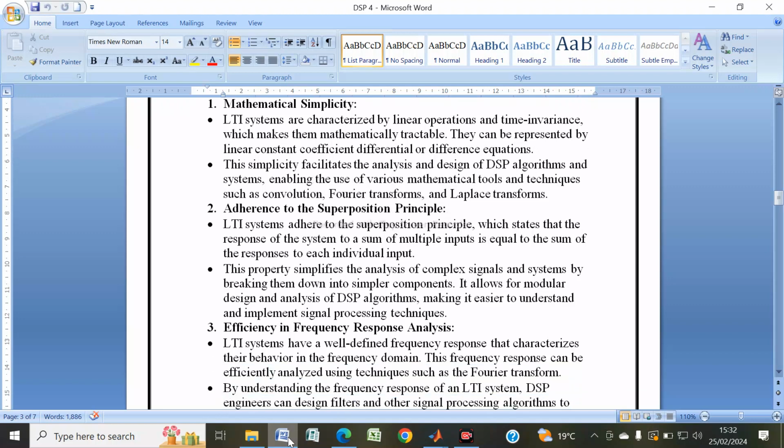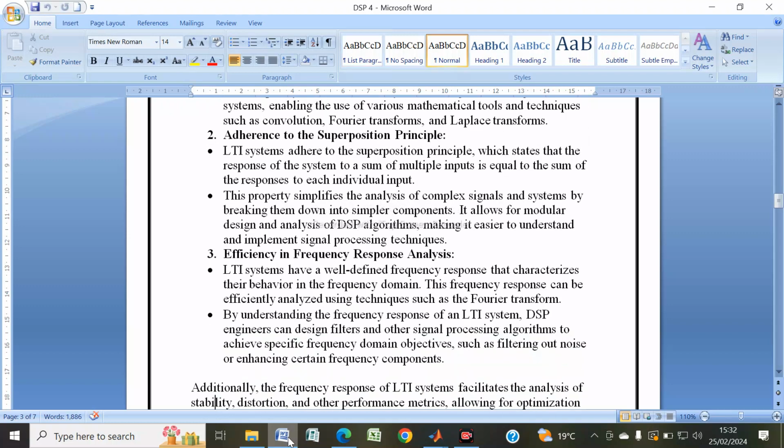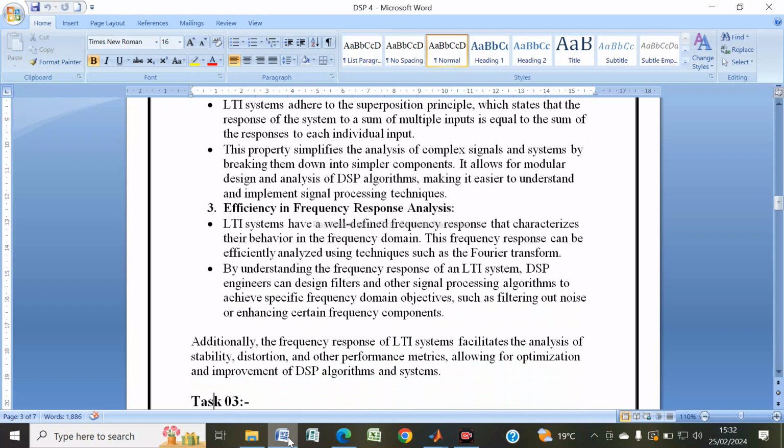LTI systems adhere to the superposition principle, which states that the response of a system to a sum of multiple inputs is equal to the sum of the responses of each individual input. As for efficiency in frequency response analysis, LTI systems have a well-defined frequency response that characterizes their behavior in the frequency domain.